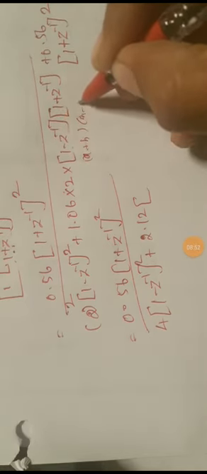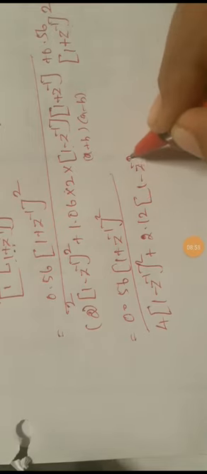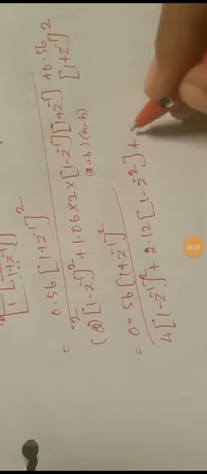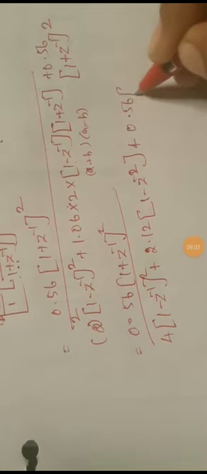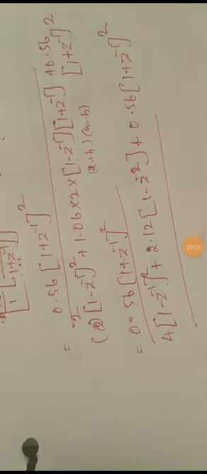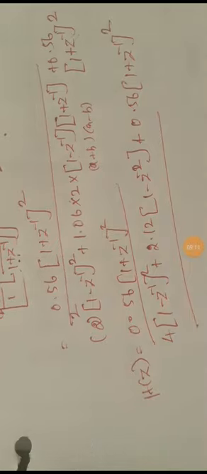Here it is the a plus b, a minus b formula. So a square minus b square, 1 minus z power minus 2, plus 0.56 into 1 plus z inverse the whole square. This is the final H(z) equation, that is, the H(z) transfer function for the given filter using bilinear transformation.